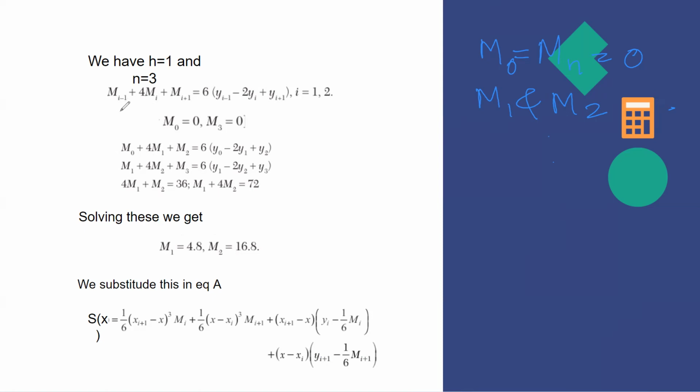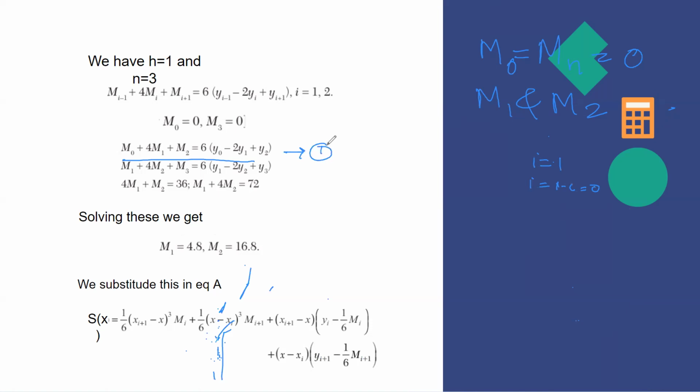For i is equal to 1, i minus 1 is 0, so the equation becomes m0 plus 4m1 plus m2 is equal to 6 times y0 minus 2y1 plus y2. So this is equation 1.